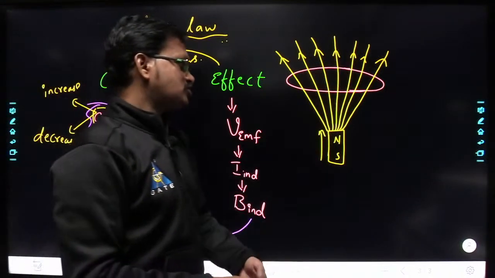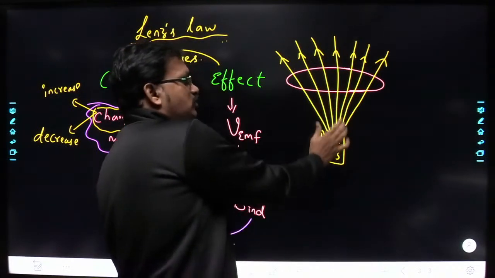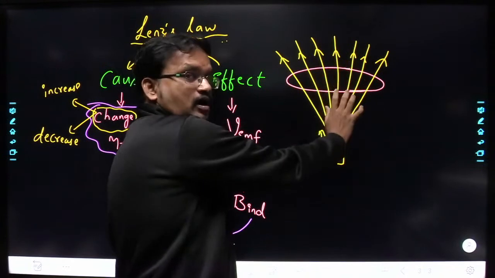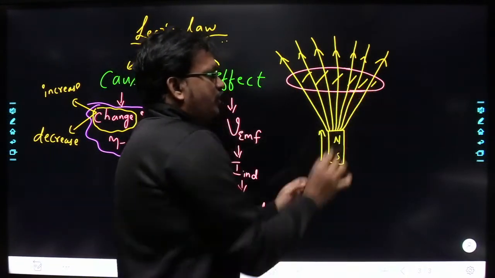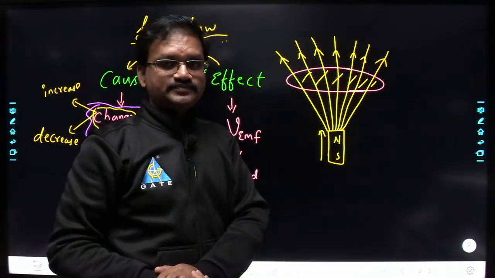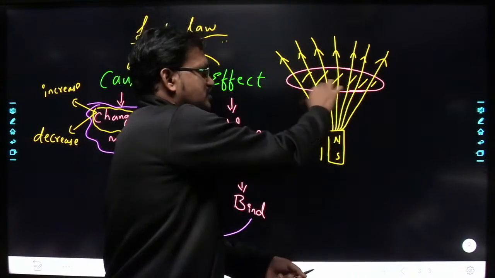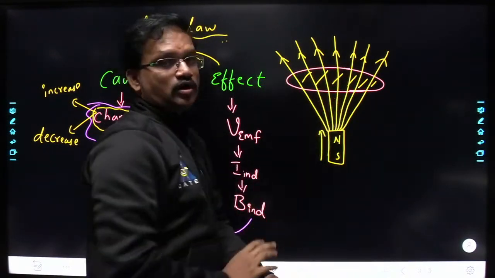So here I am assuming the magnet is moving towards the loop. Whenever it is moving towards the loop, the magnetic flux through this loop, or through this surface, is going to increase. Yes or no? Why? The number of field lines penetrating through this surface is increasing gradually as the magnet moves nearer to the loop.